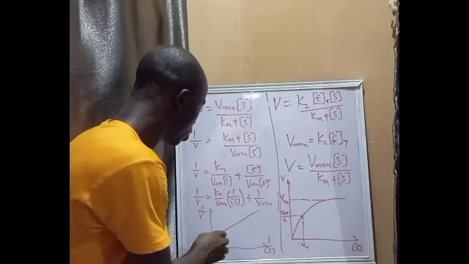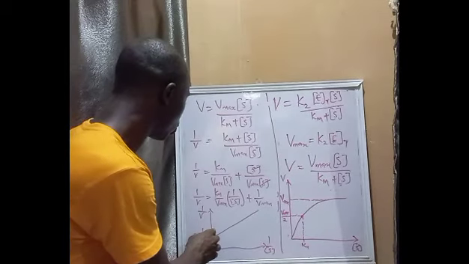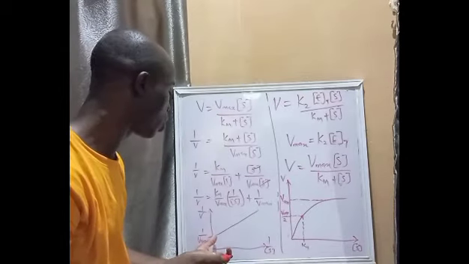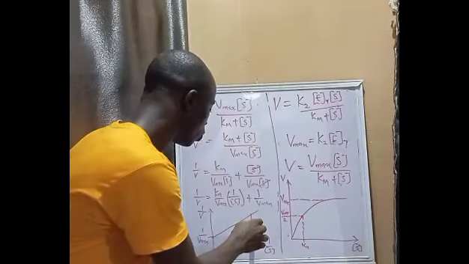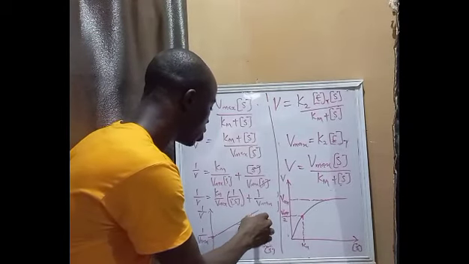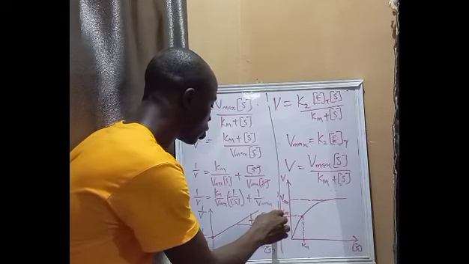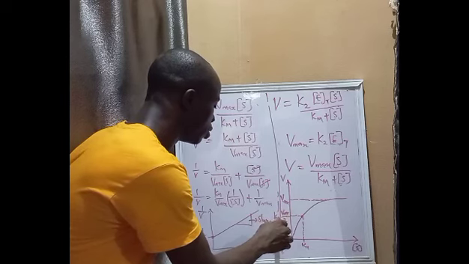So this point is the y-intercept, and that's where you have the 1 over Vmax. While the slope of this line equals Km over Vmax.